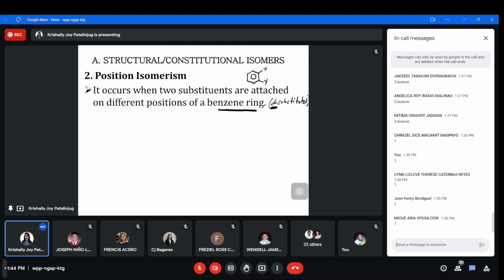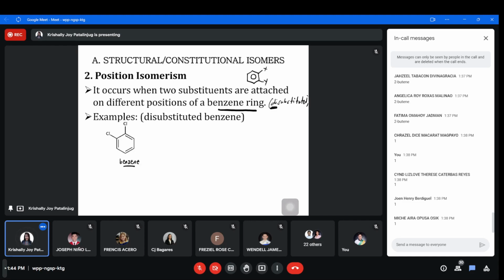So halimbawa, you have a benzene ring with 2 chloro as the substituents. Dalawang chloro ba as substituents or branches of the benzene ring. Okay? Now, when you name this, by the way, when you name this, you consider benzene as the parent already.